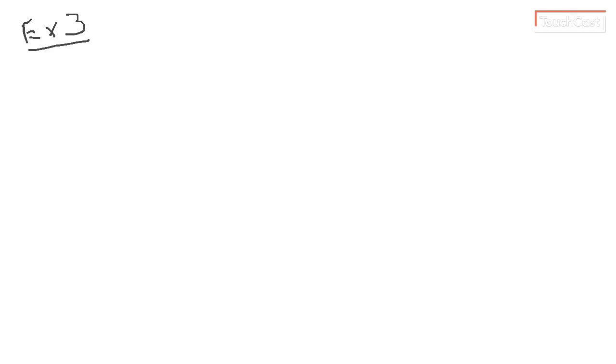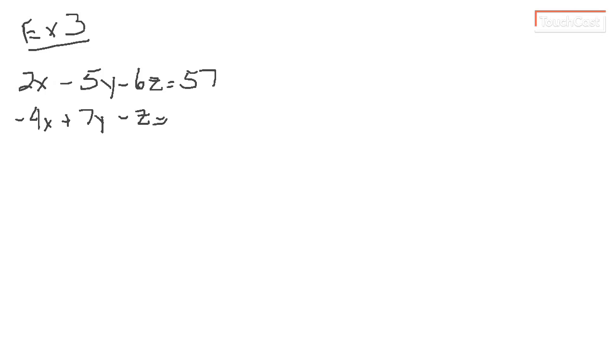So example 3, we're going to look at the system 2x minus 5y minus 6z equals 57, negative 4x plus 7y minus z equals 19, and 9x minus y plus 4z equals negative 75.